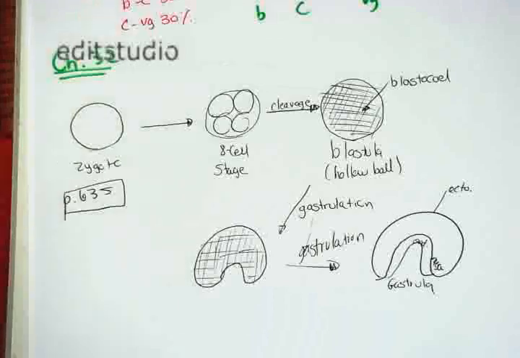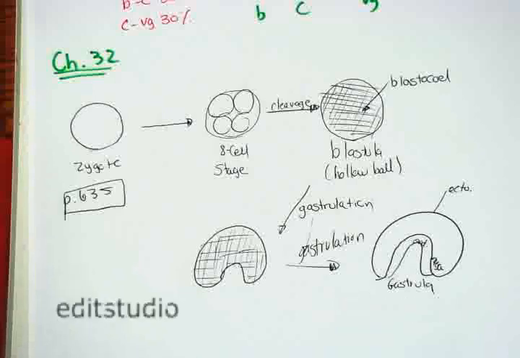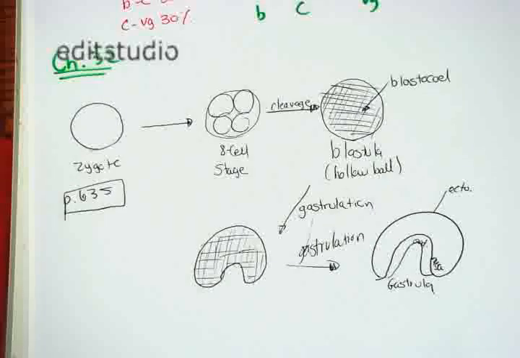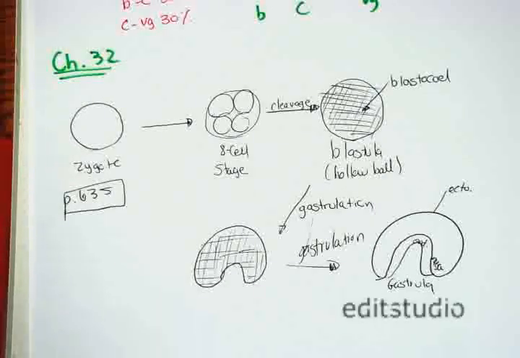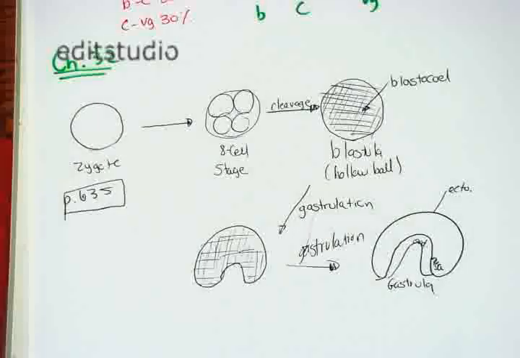Probably radial. How about a cnidarian? Radial. Jellyfish. How about an echinoderm? Starfish. That's going to be radial.